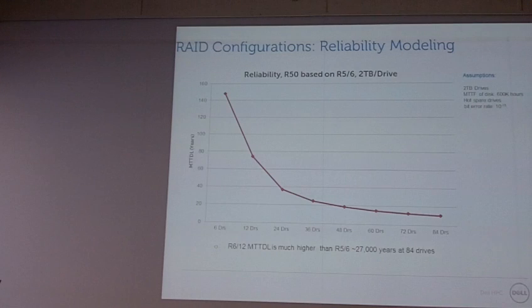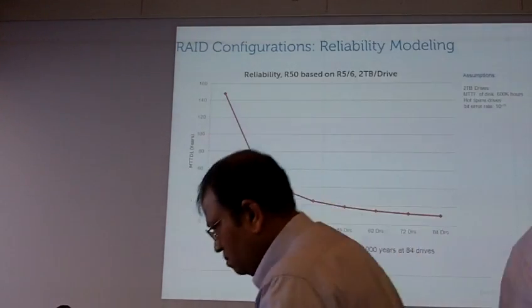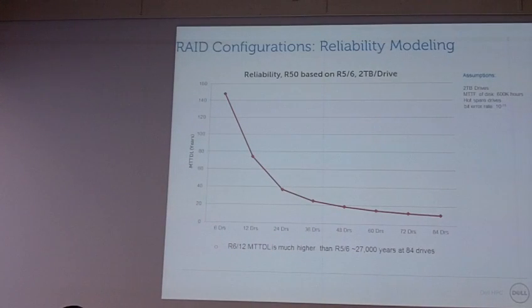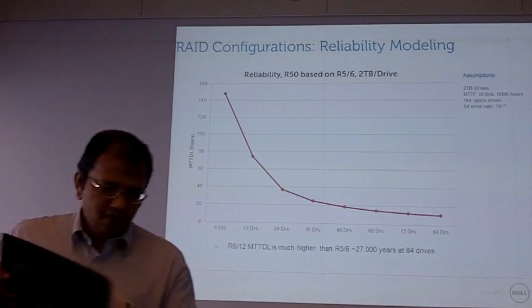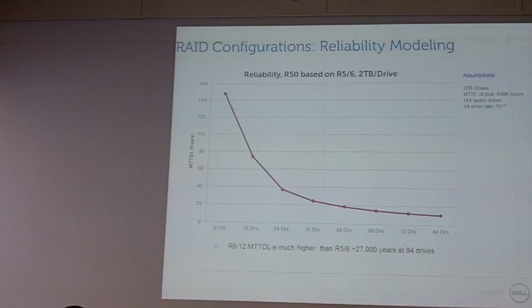And we saw that as you increase the number of drives, the mean time to data loss decreases significantly for the system. As you can see with 84 drives, it comes to about 8 years. So we thought that this is not acceptable, but if you look at RAID 6, that's much higher than the RAID 5.